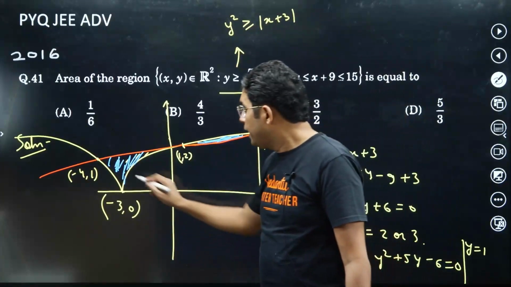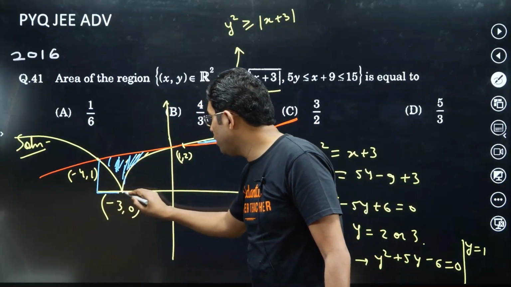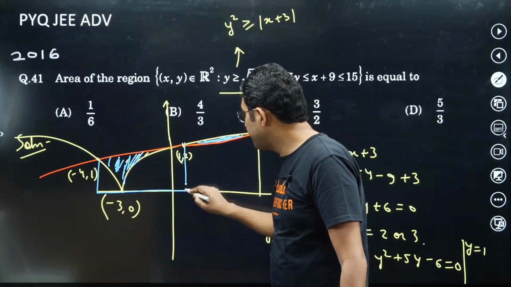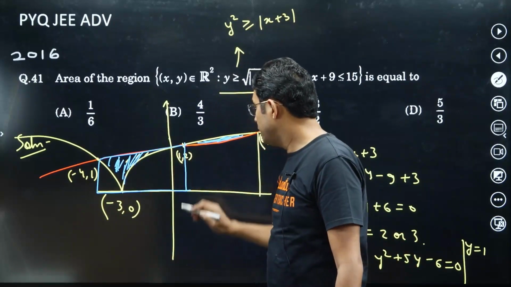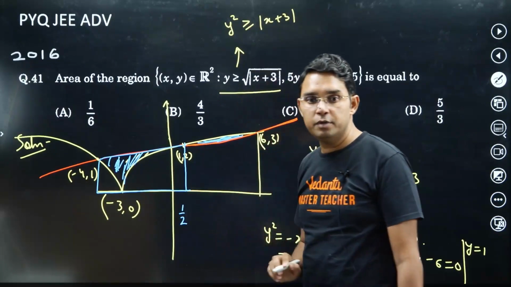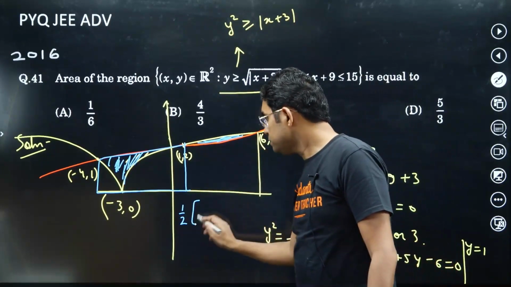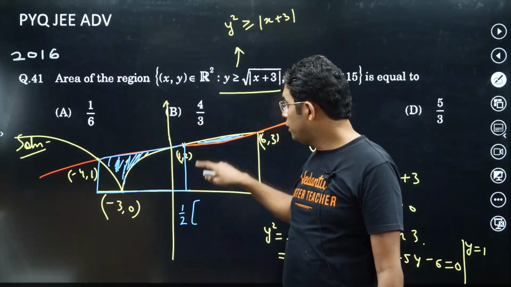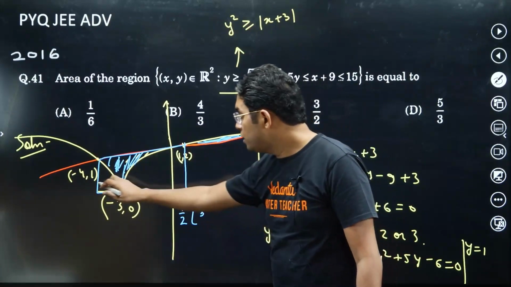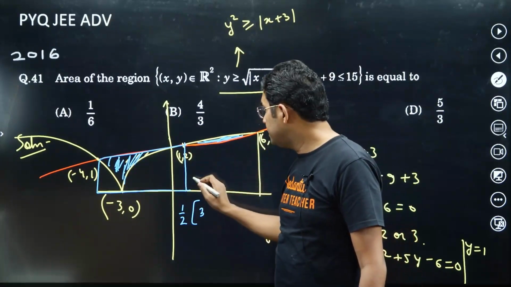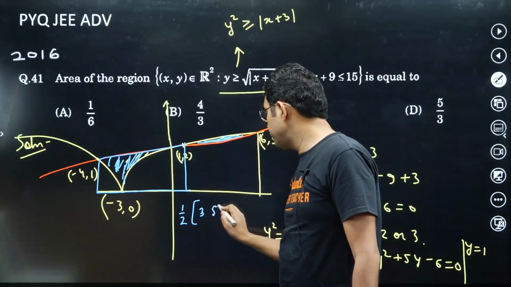Please understand it. I think we can find the area of this trapezium directly. Okay, this is a trapezium, simple. How to find the area of a trapezium? Half into sum of two parallel sides, so 2 plus 1, 3, into the distance between the two parallel sides, that is 1 minus minus 4, so I think 5.